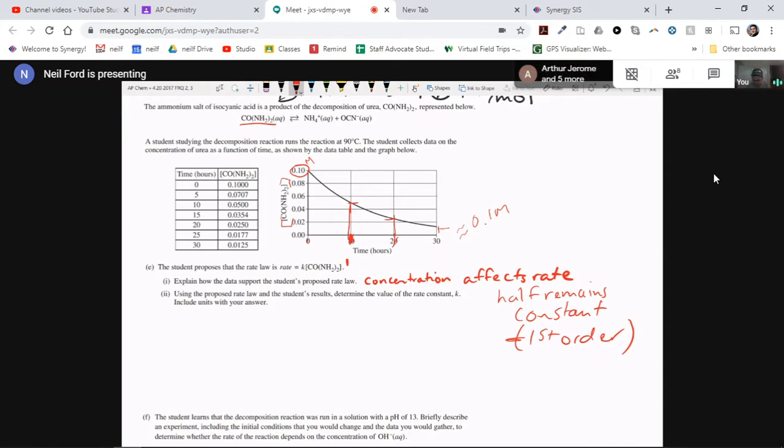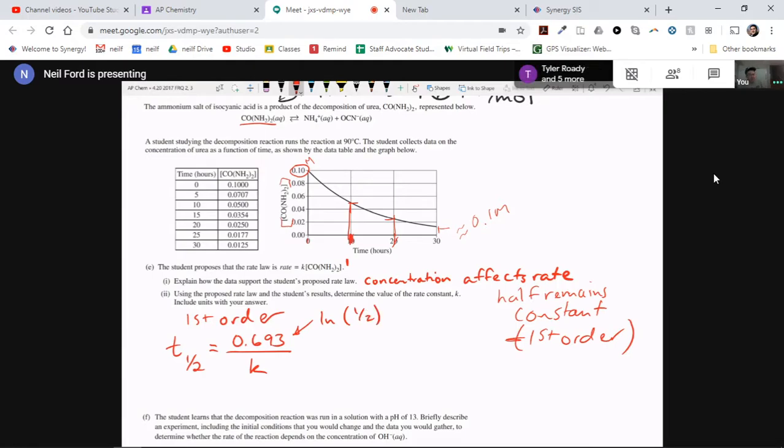Okay, using the proposed rate law and the student's results, determine the value of the rate constant k. So there is one equation, and it only works for first order, and it says the half-life is equal to 0.693 over k, and that 0.693 comes from the natural log of 1/2.